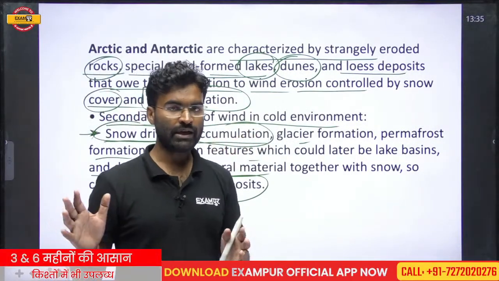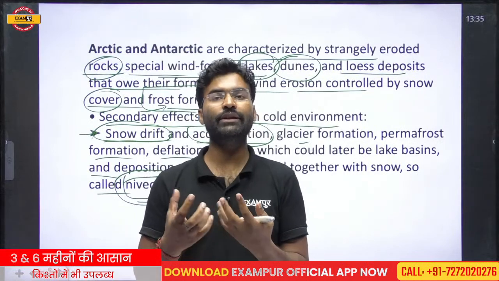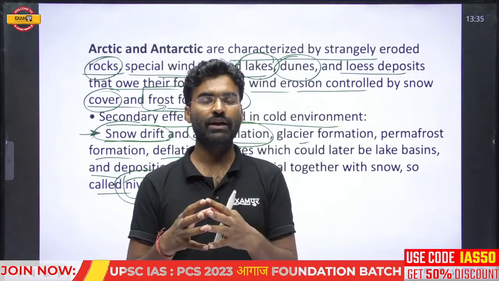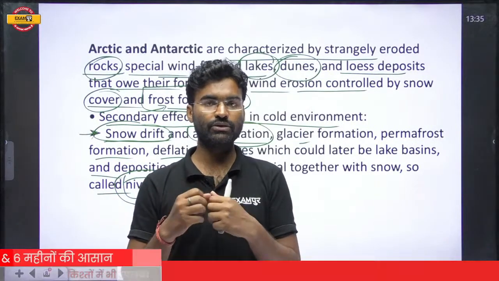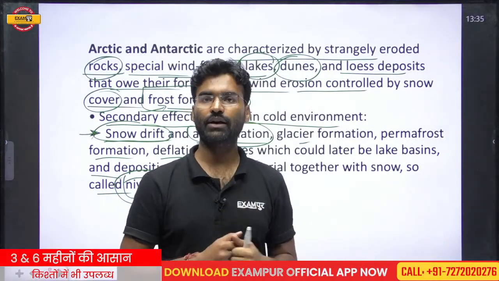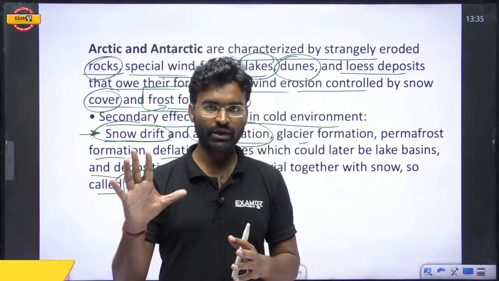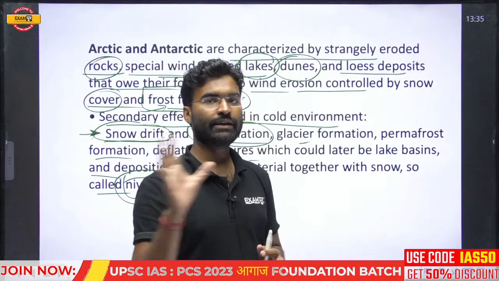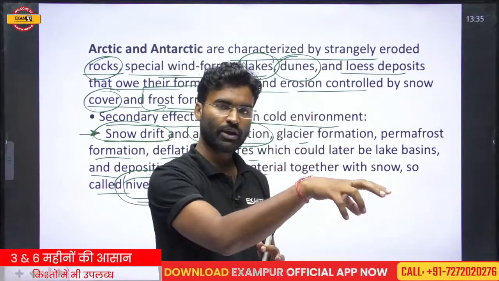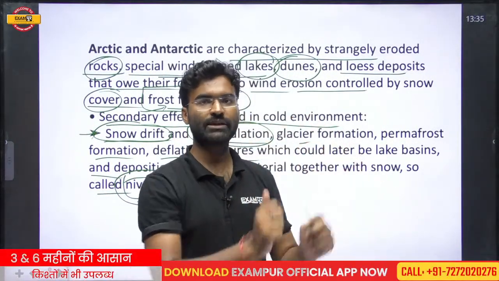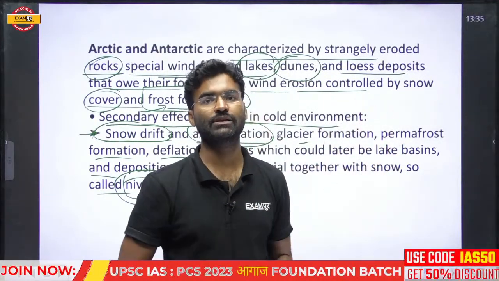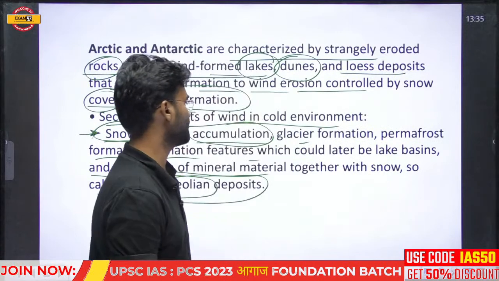Snow is the decomposed form, and ice is the strong form. The bonding between the ice molecules is strong, and snow is not as strong as ice. So if the wind is blowing, it can carry the snow, and in a particular region the snow gets accumulated. If you move in that region, you will see the accumulation of the snow on the surface.